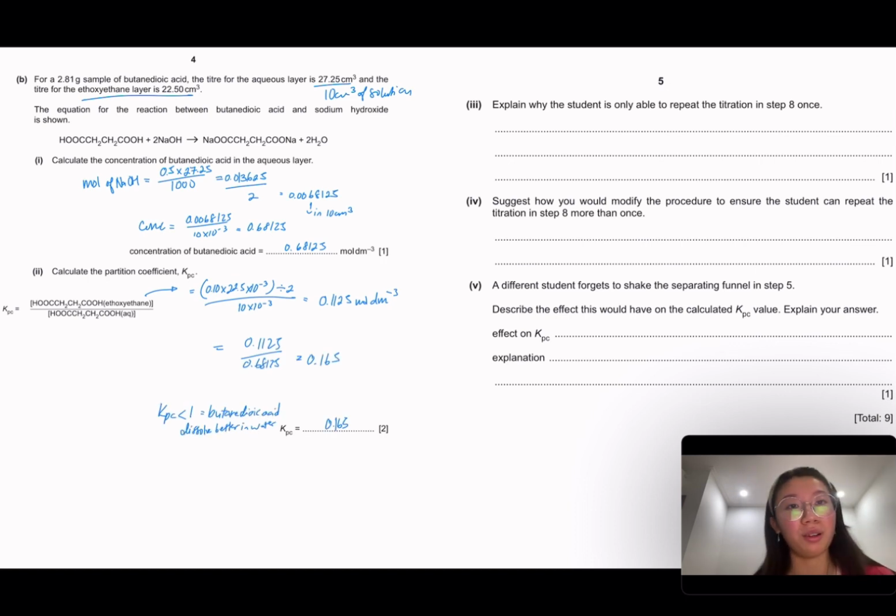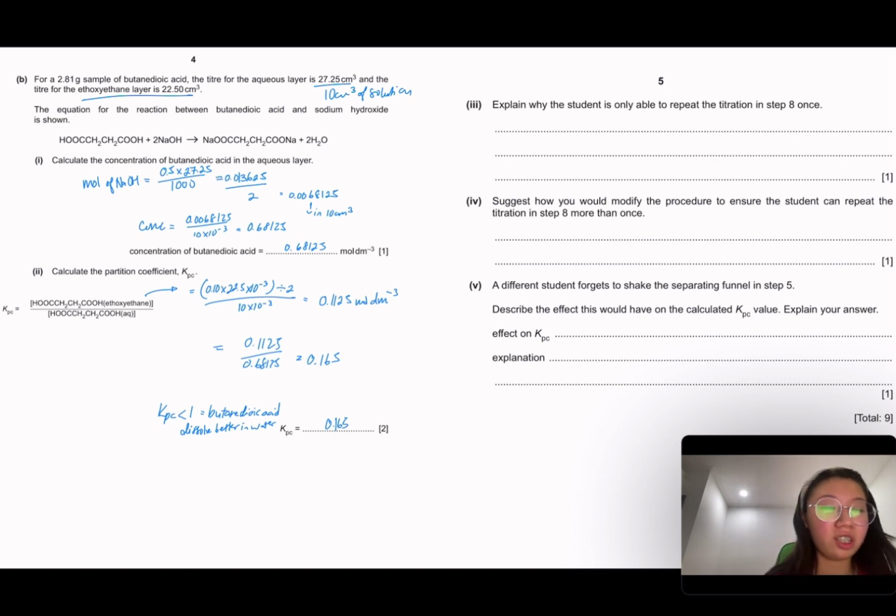It is 0.5, so 0.5 times the volume, which is 27.25, but also make sure to convert it into decimeter cube and not leave it as centimeter cube. That's why you times it by 10 to the power of -3, or you divide it by 1,000, and you get the value, which is the mole of NaOH. And then after that, again, the mole ratio is 2:1, so you divide it by 2, you get 0.0068125.